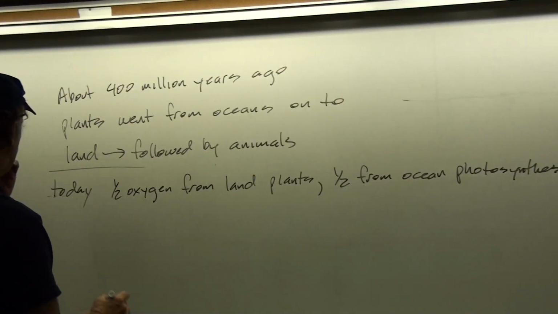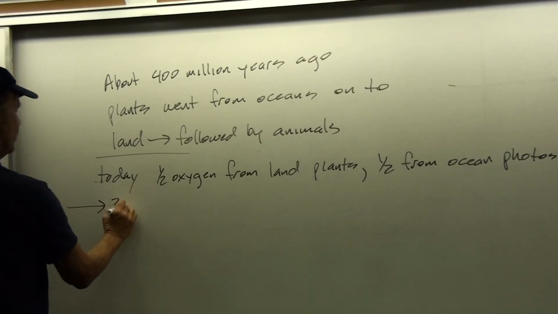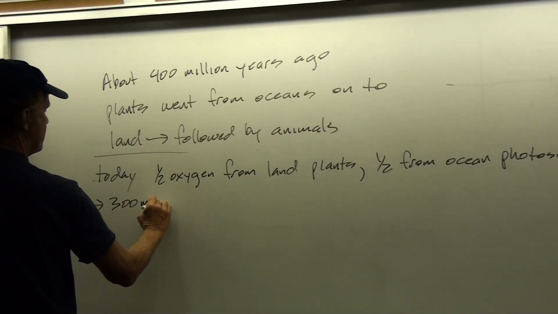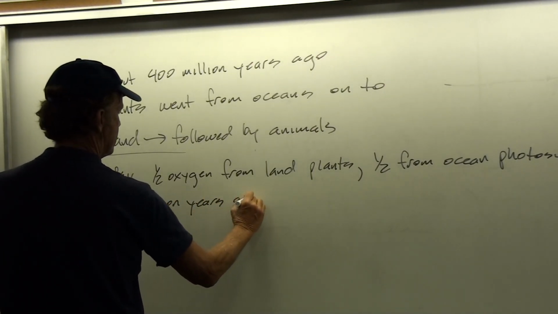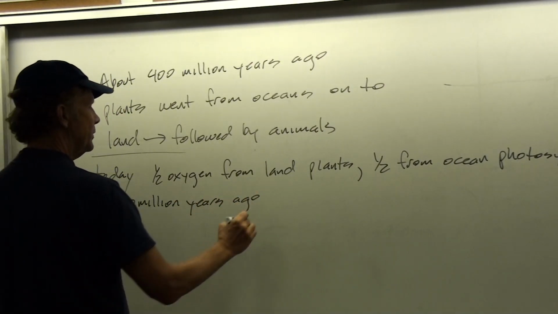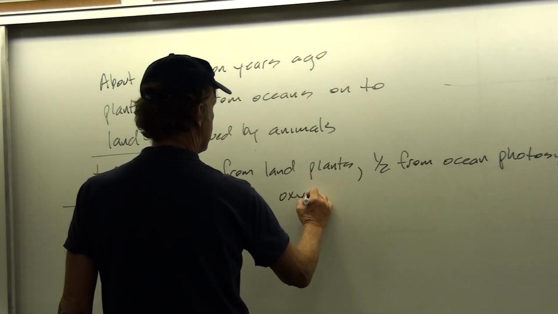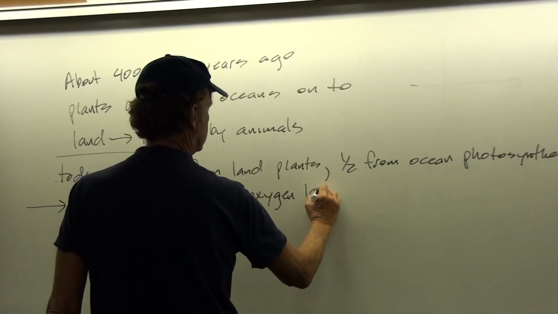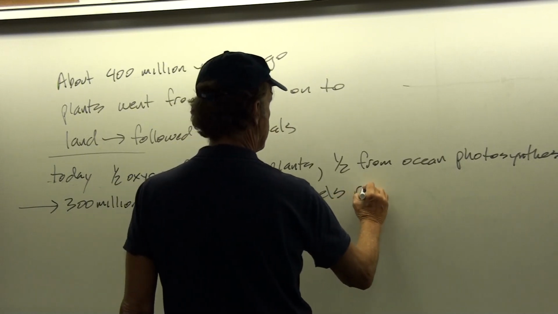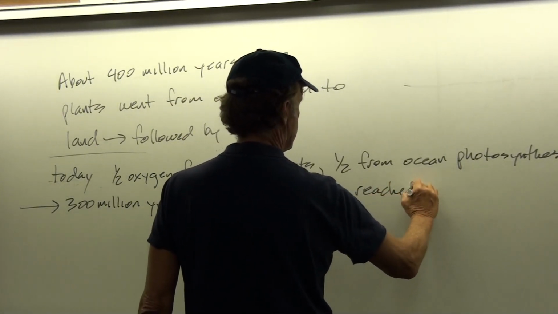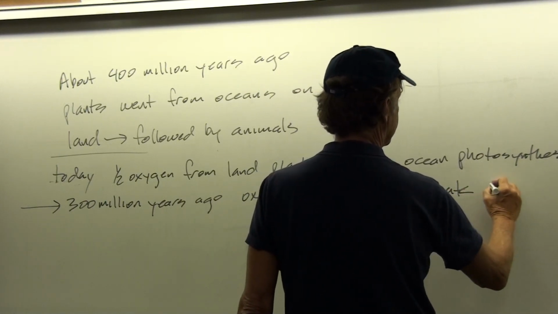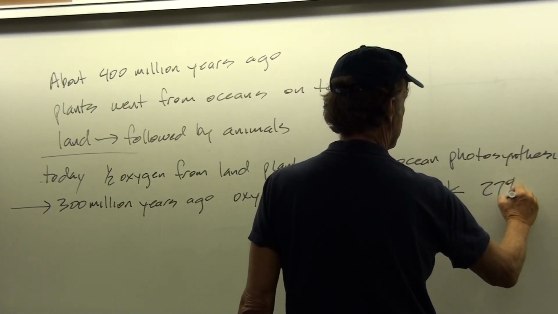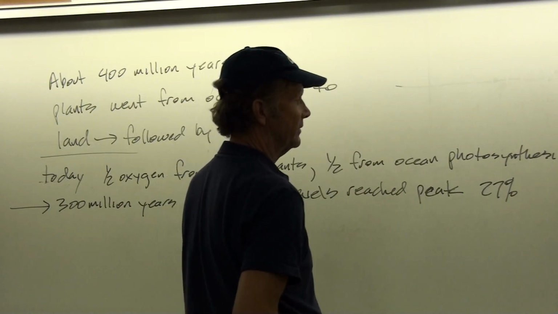Then, as time progresses, about 300 million years ago, oxygen levels reached their peak. Somewhere around 27% of the Earth's atmosphere.